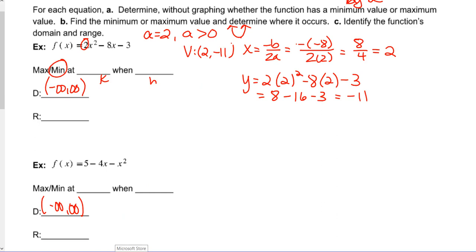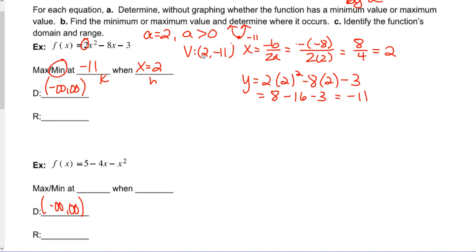That negative 11 is important because that is the max or the minimum value. So in this case, we have a minimum at negative 11 when x equals 2. There's the h, there's the k. So if I end up having a parabola that goes up like this, and negative 11 is my minimum, that's going to play a part in my range.